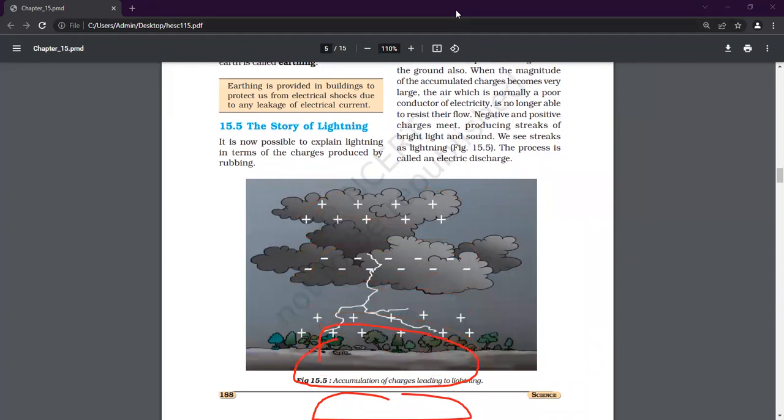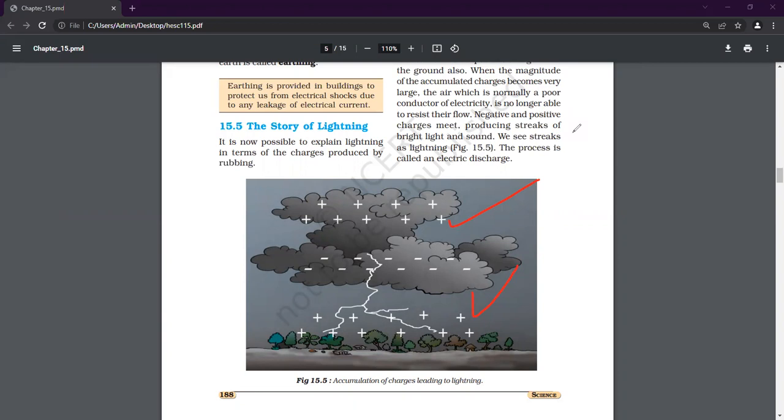So when two oppositely charged clouds come close to each other, as you can see in the figure also, they release a high amount of energy. When oppositely charged clouds come in contact with each other, they release a high amount of energy.